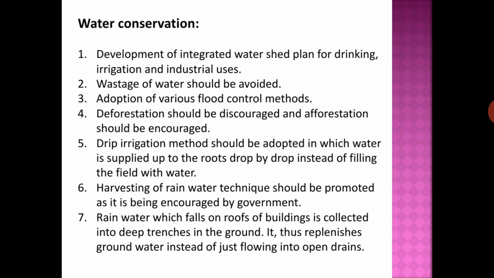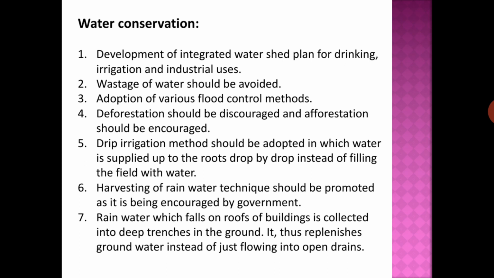And wastage of water should be avoided. It is the first and foremost basic step. We don't want to waste a single drop of water. Water is very important because nowadays the water level on earth is decreasing. That's why we have to save water for future generations also.